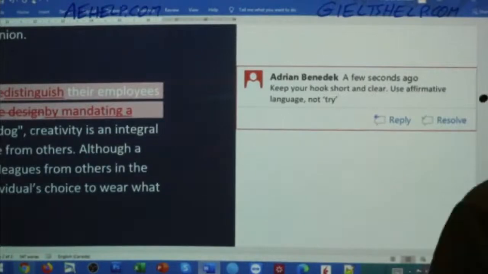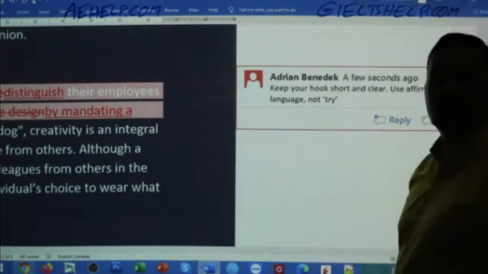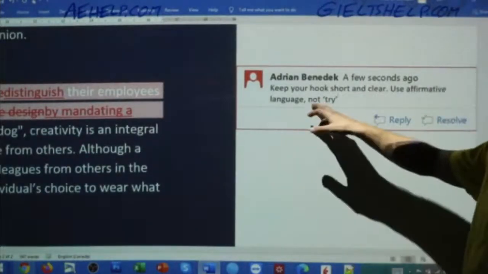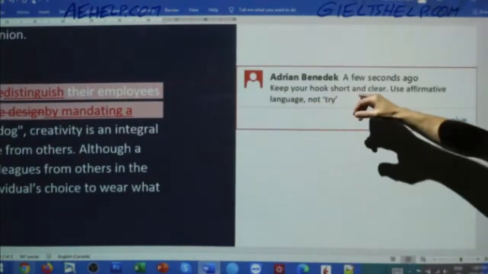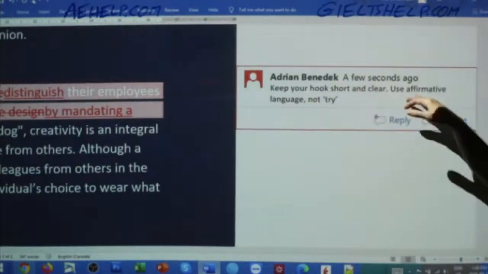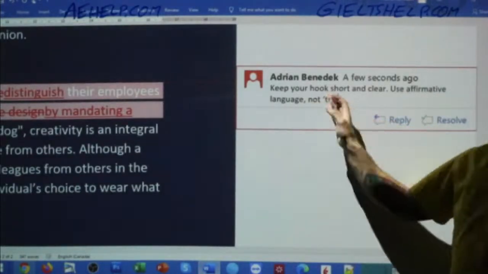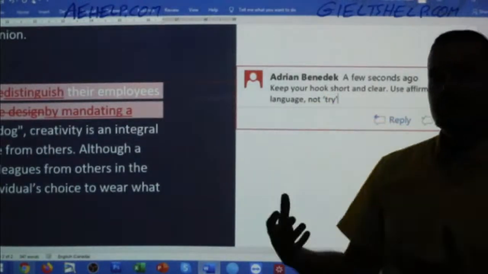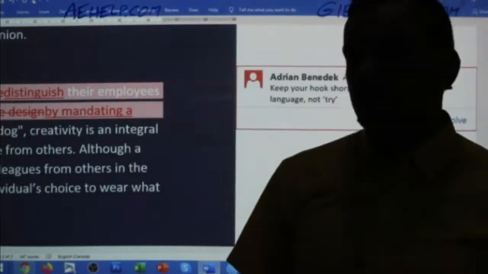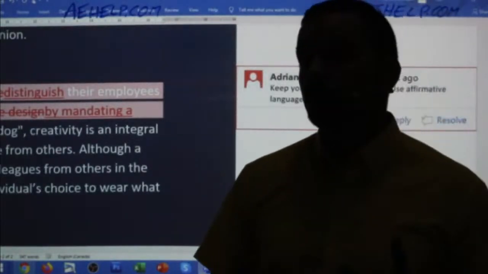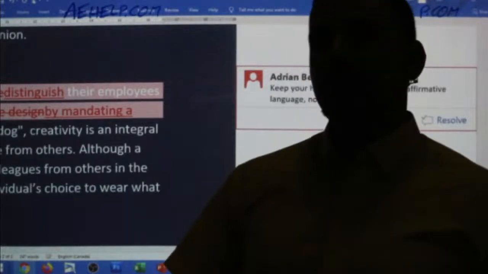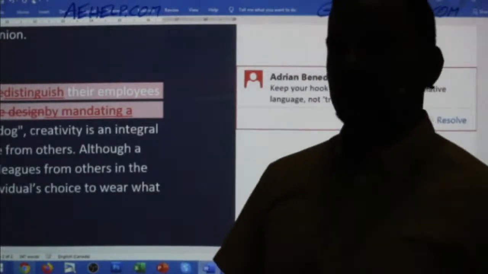So this is what I would write in this case, okay? So I'll just darken up the screen here. Can everybody see the comment balloon? So in the editing, I would say, keep your hook short and clear, use affirmative language, do not try, okay? Because here Hassan's using the word try to distinguish. Companies don't try to distinguish their employees, they do distinguish their employees. So in essays, use affirmative language, okay?